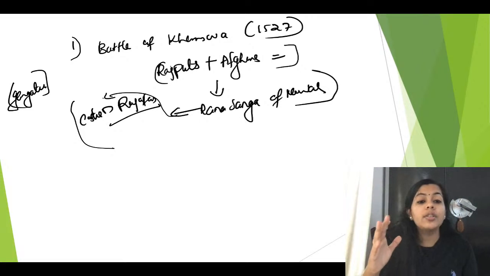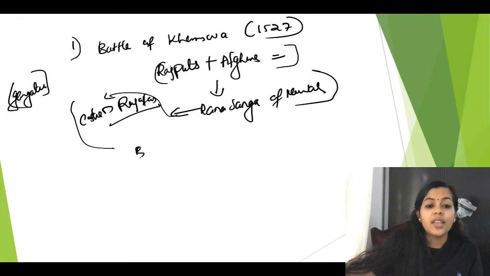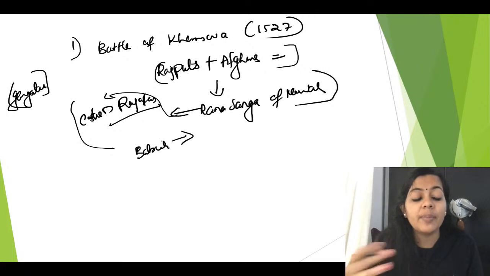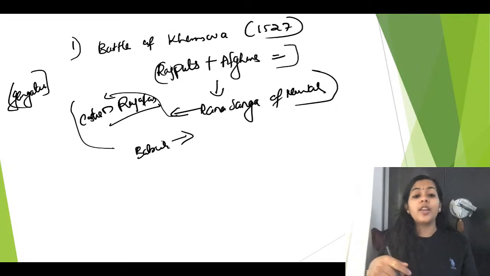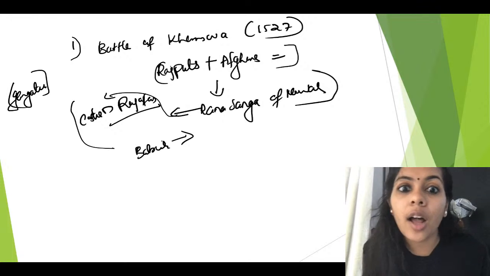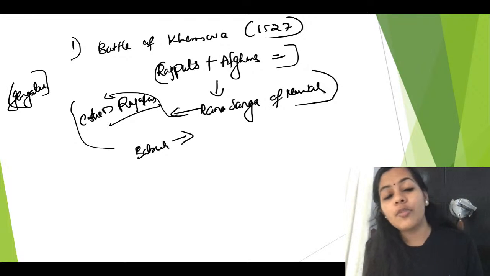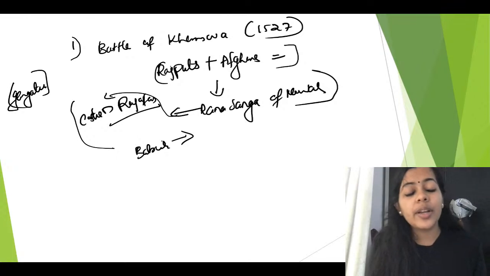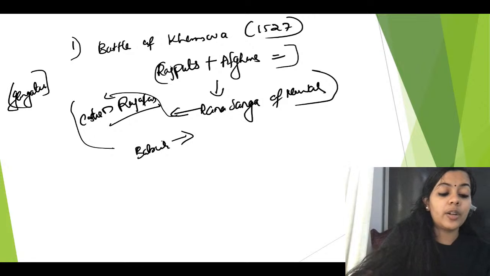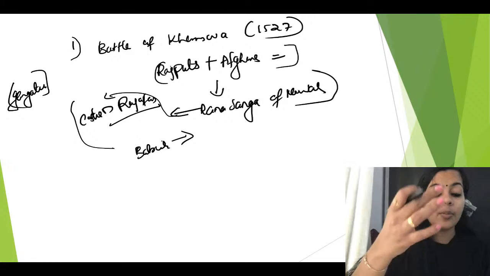So Babur was saying, see, Rana Sanga, you breached the agreement between us and you are trying to acquire my property right now. This was the attitude of Babur. And Rana Sanga, inversely, also wanted to get rid of Babur.